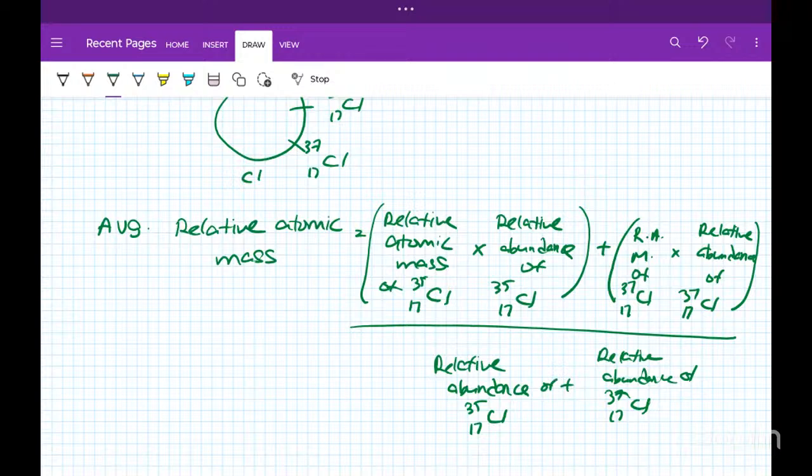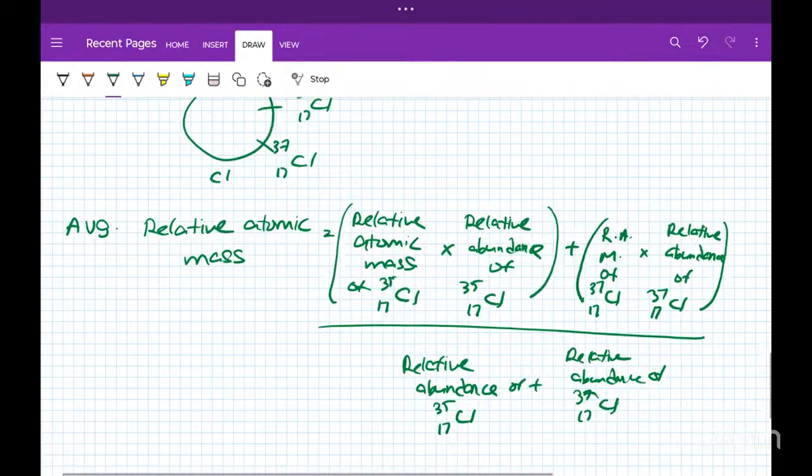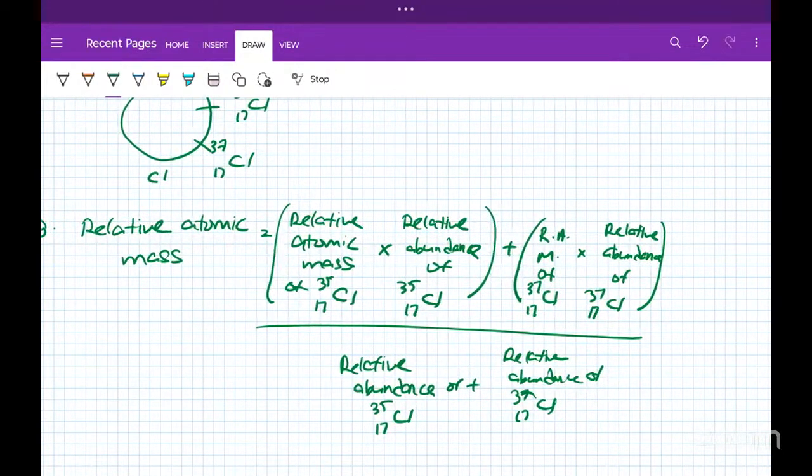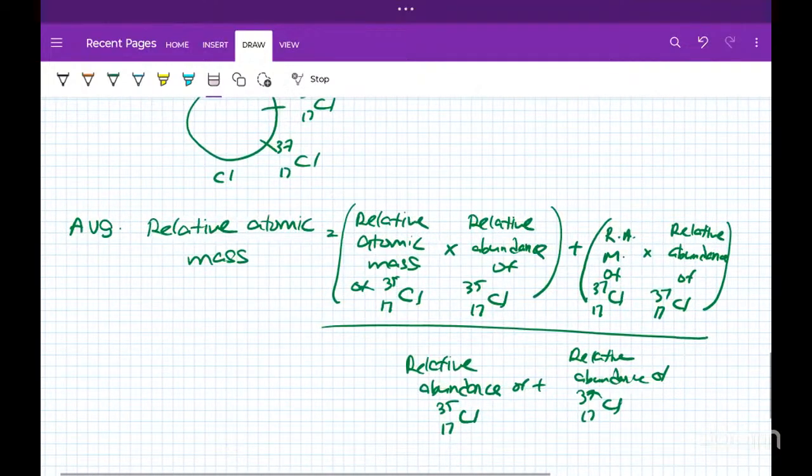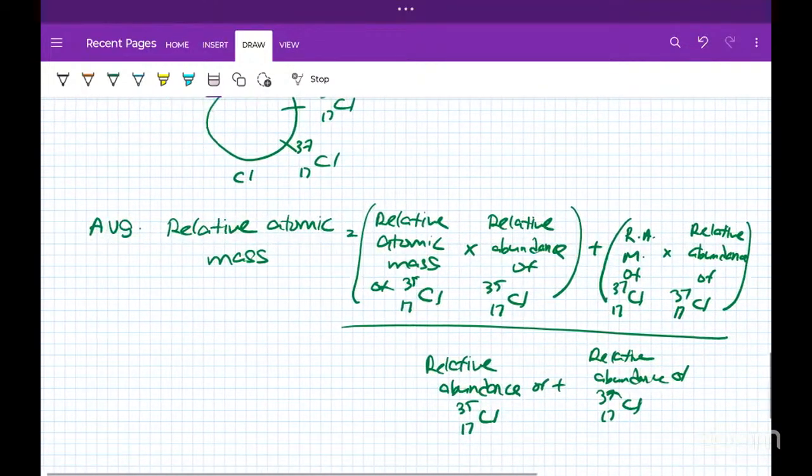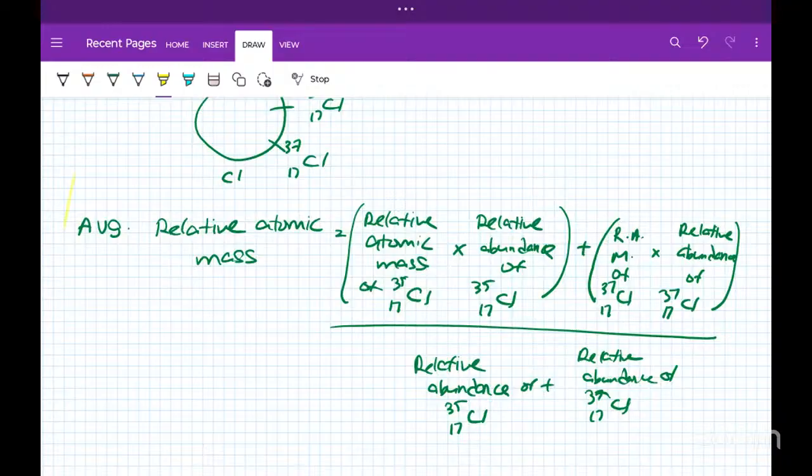Its average relative atomic mass can be calculated as follows. Right, write down this equation.